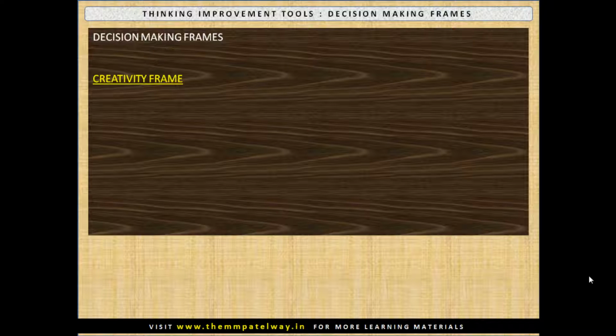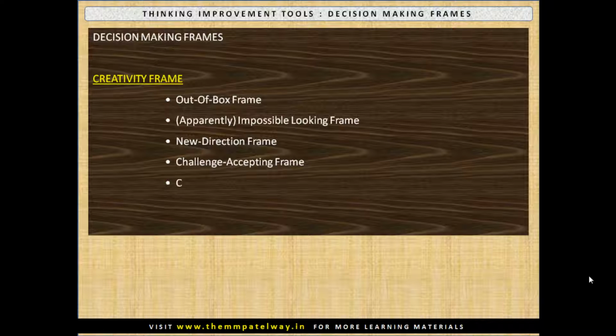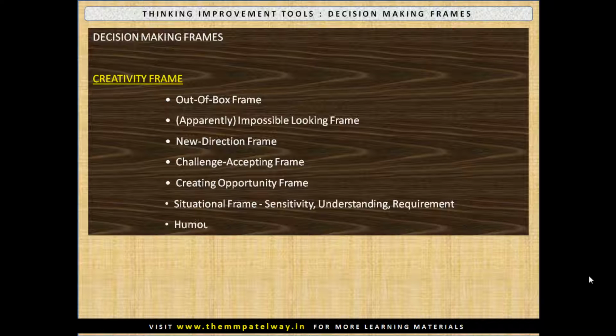Creativity frame, out of the box frame, apparently impossible looking frame, new direction, challenge accepting, creating opportunity, situational frame, that is sensitivity, understanding and situational requirement, and humor frames.